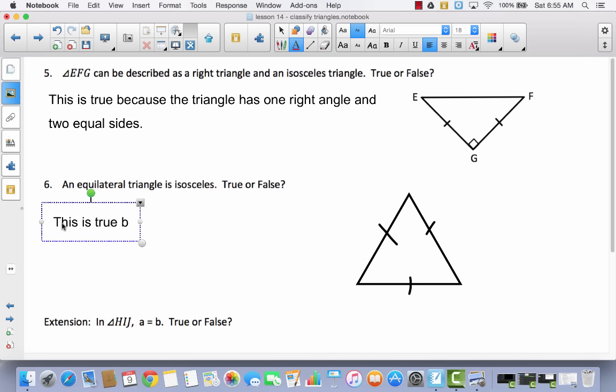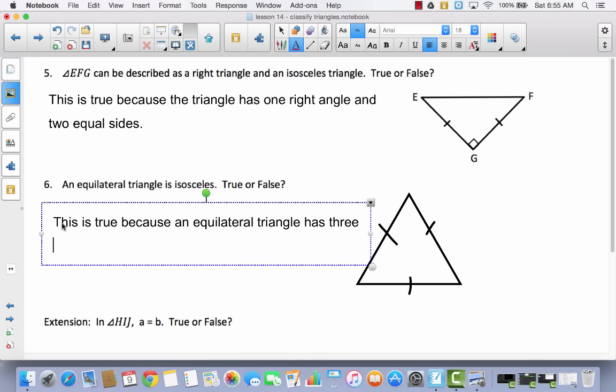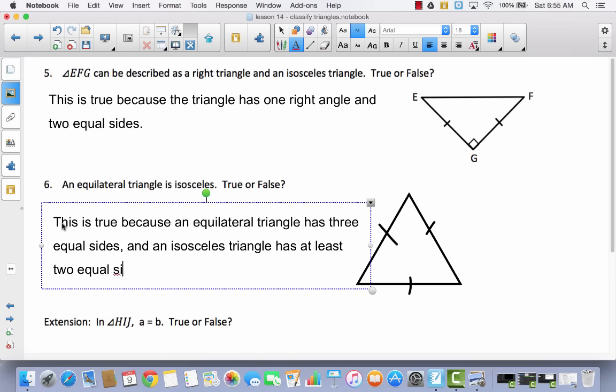This is true because an equilateral triangle has 3 equal sides, and an isosceles, I always want to spell that wrong, triangle has at least 2 equal sides. Okay? All right, last part.